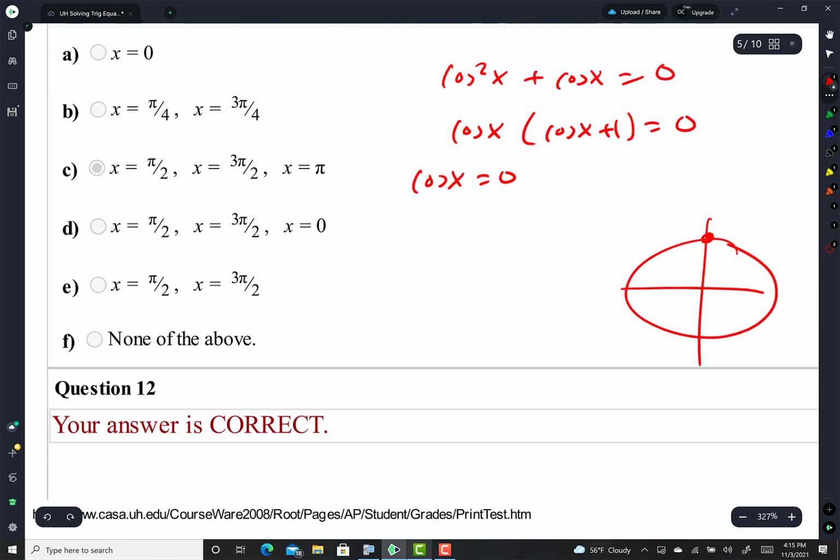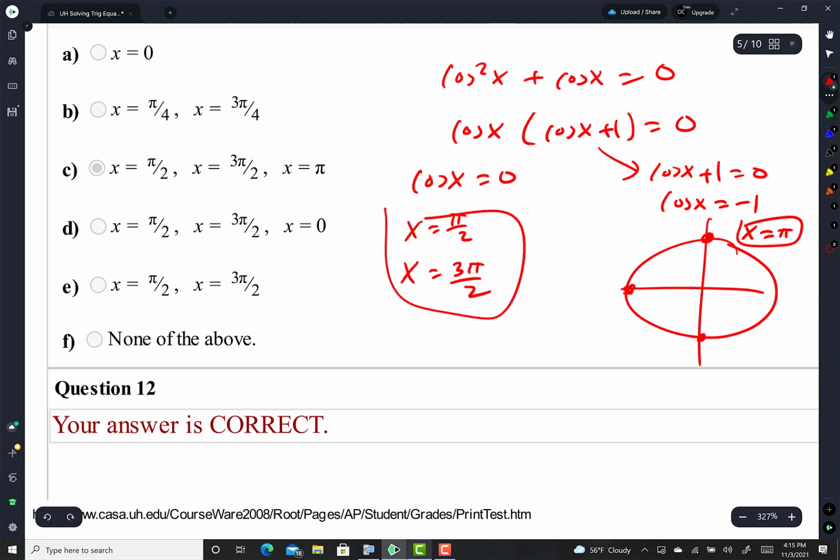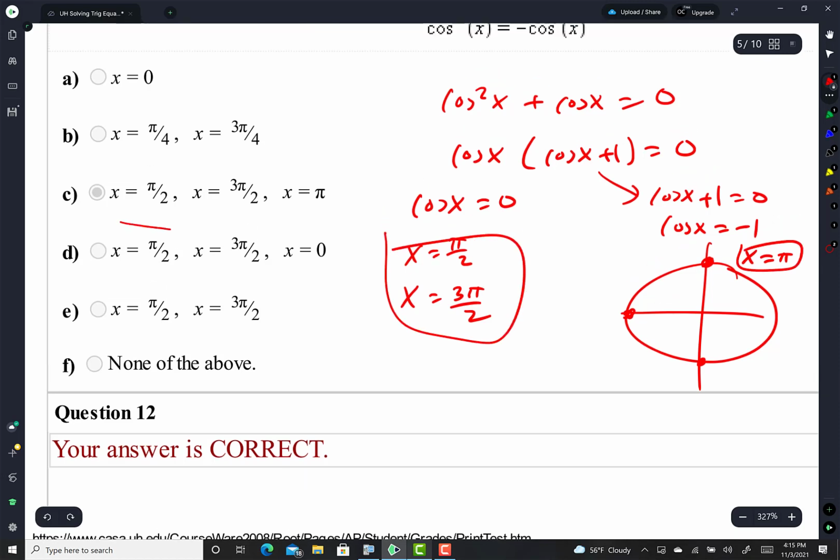They're being nice. At pi over 2 and 3 pi over 2. Now this one, cosine x plus 1 equals 0, or is cosine x equal to negative 1? Cosine x equals negative 1 at pi. So there it is, guys. So pi over 2, 3 pi over 2, and pi.